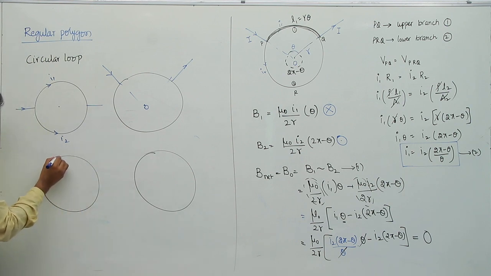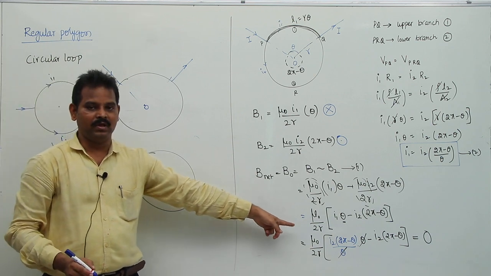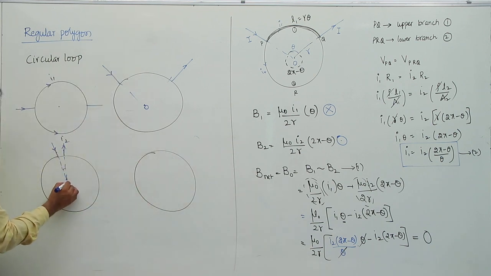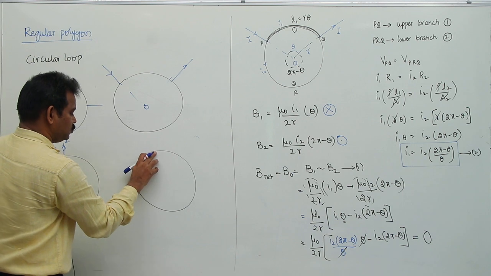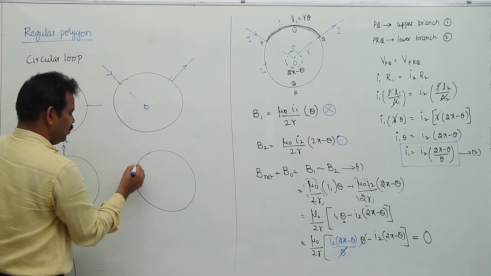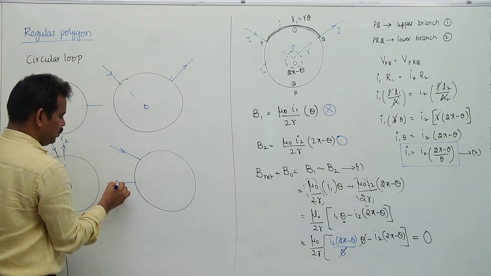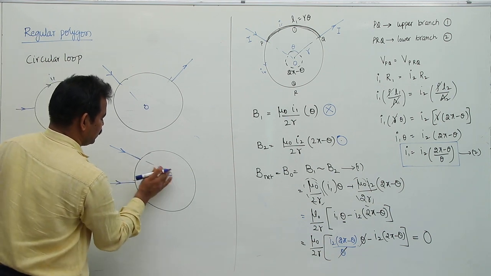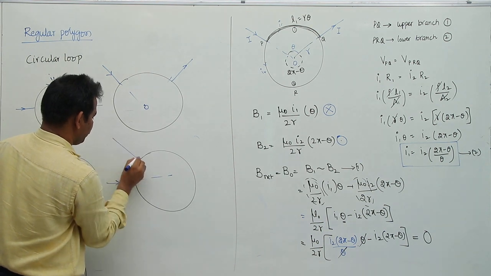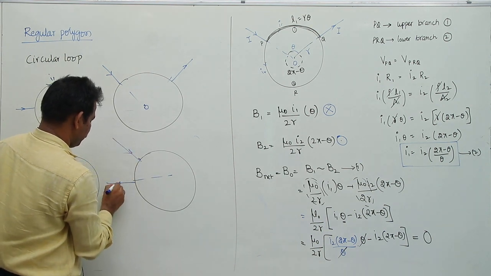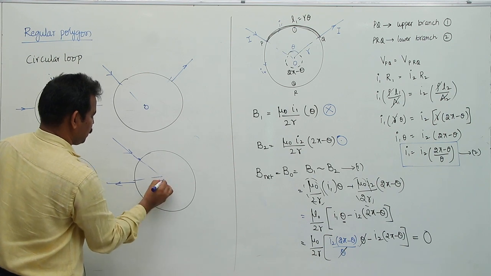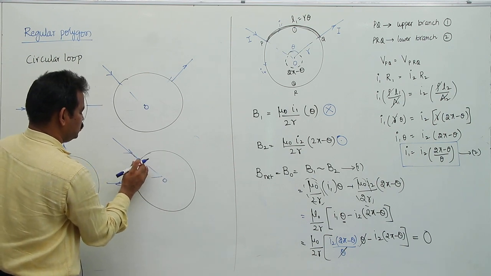Now similarly, if it is connected somewhere here and the current is leaving here, a small arc here, then also the current relation will be similar to this one and the magnetic field at this point O will become 0. So for any circular loop, wherever you connect this wire here and here, as it is making some angle here, this is always 0 here.